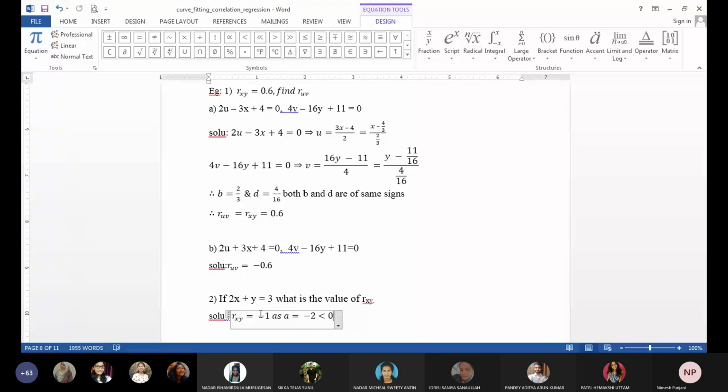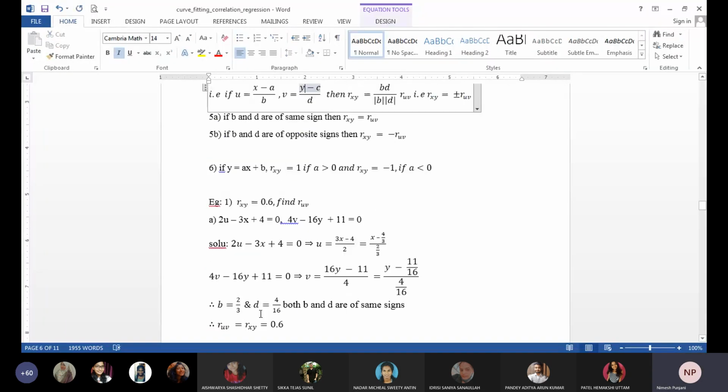Sir, I did not understand the second one. Okay. What is property number 6? If y is equal to ax plus b, rxy is equal to 1 if a is greater than 0 and rxy is -1 if a is less than 0.